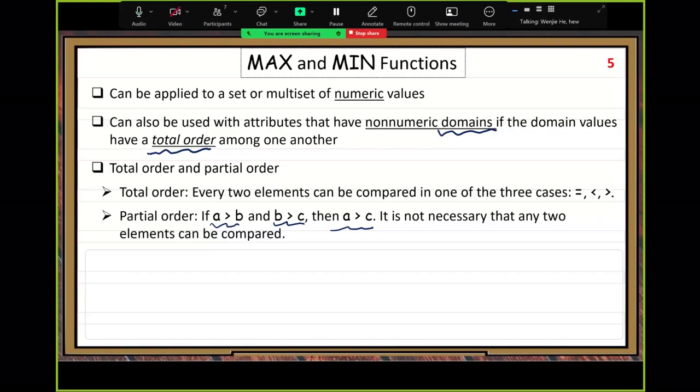That could happen for the partial order case. In this class, we do not have such examples. For that concept, we can get examples in math and graph theory, in computer science. But in this database class, we do not have such examples.